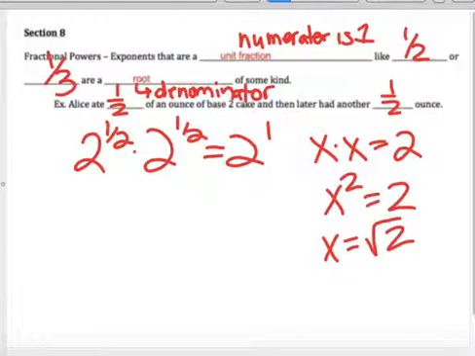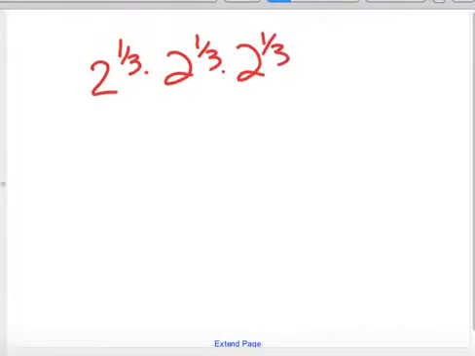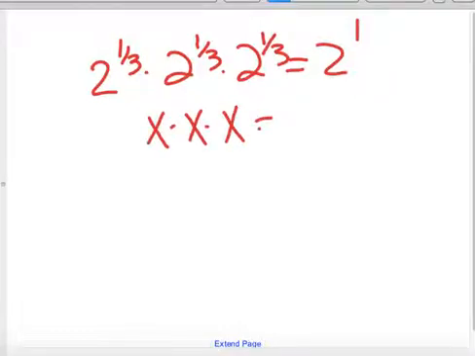Similarly, we can do the same work for having a 1/3 ounce of cake. Alice having a 1/3 ounce times a 1/3 times a 1/3 would be the same as Alice having that 1 full ounce. So here I'd have 3 values all multiplied together equaling 2, which we could write as x to the 3rd.